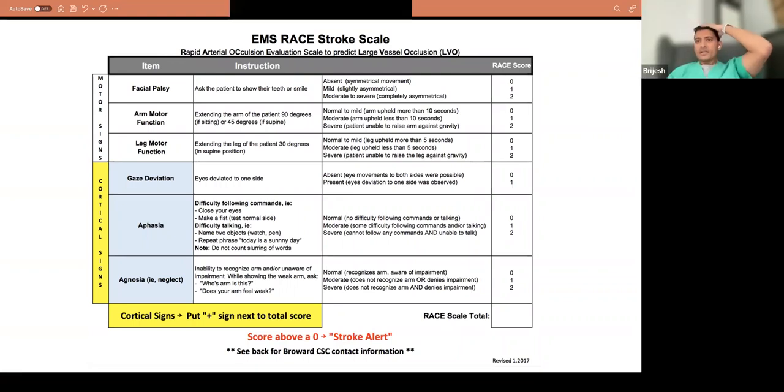Because of the involvement of the cortex, the surface of the brain, where blood tends to be most deprived in the setting of a large vessel occlusion, meaning a major artery as it arises from the skull base.